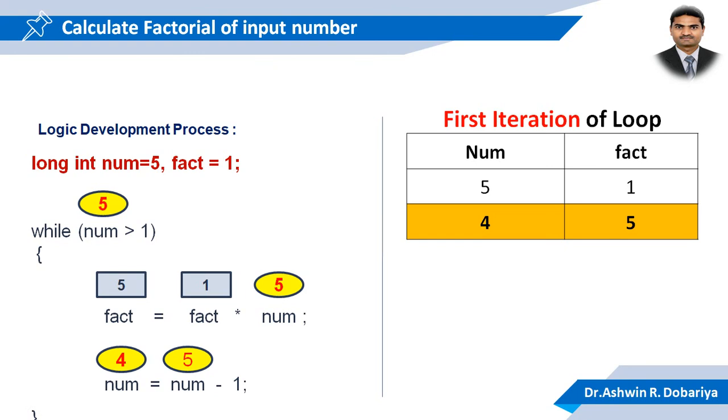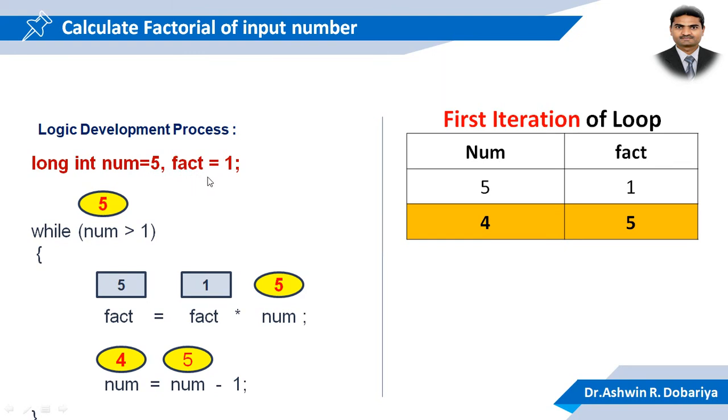So generally if you go beyond this, like 7 or 8 or 10, then the factorial value will be larger. That's why instead of integer you declare the number with the long integer data type. Another is one factorial variable which will store the factorial value. These are the two variables we require.